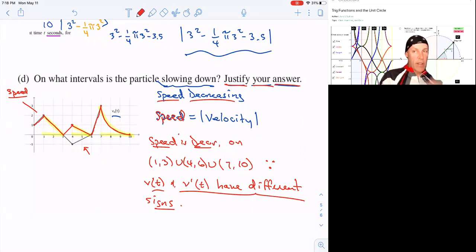Now, a tougher way of doing this problem without just flipping it, making it into the graph of speed and then looking where its speed is decreasing, would be to just look only at velocity and just say, hey, you know what? I need to pick those points where when velocity is positive, that velocity is decreasing, okay? Or where velocity is negative, velocity is increasing, okay? If you look at it that way, you're going to get the exact same intervals we got when we're just looking at the graph of speed, okay?